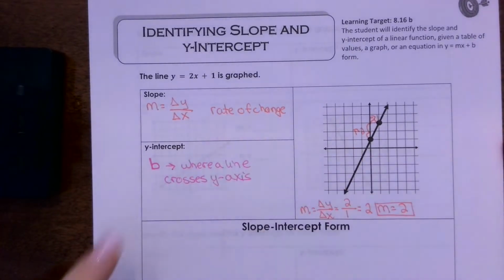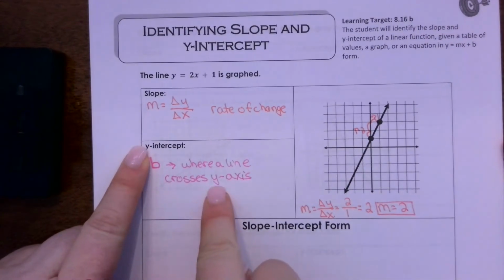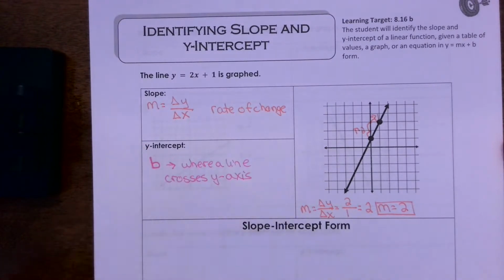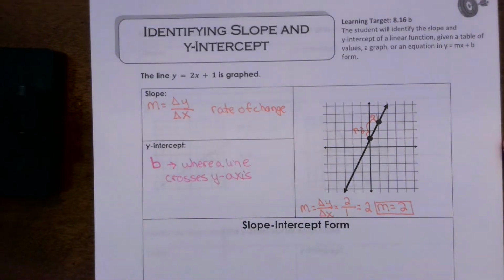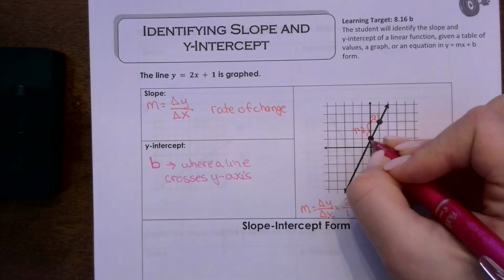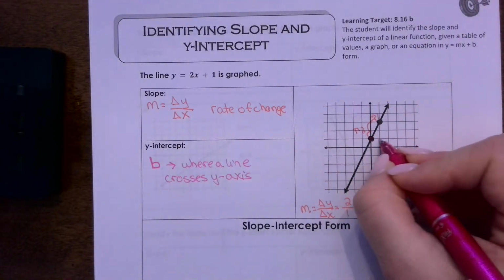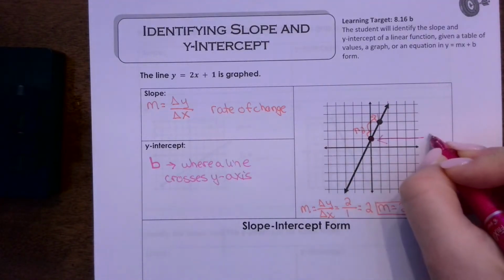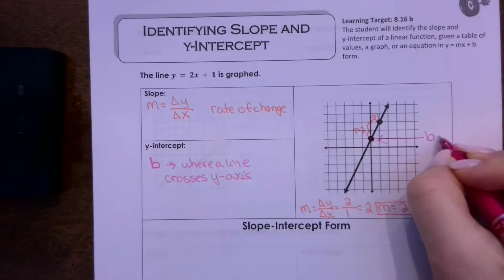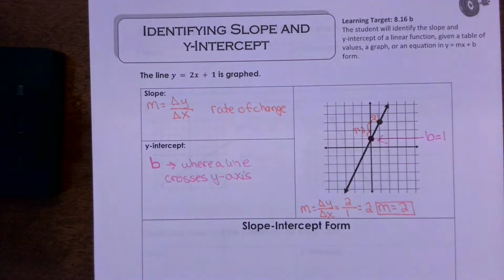And I like that because it's the y-intercept and it crosses the y-axis. So let's take a look at this line. This line crosses here, and that is at 1. So in this case, this line crosses when y equals 1.